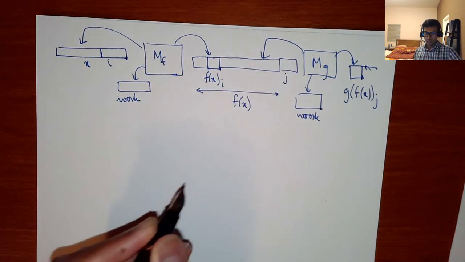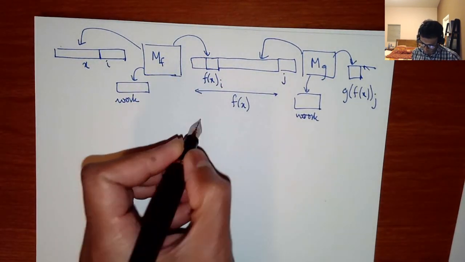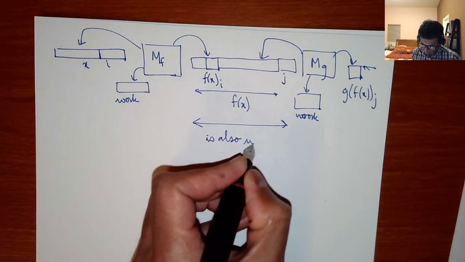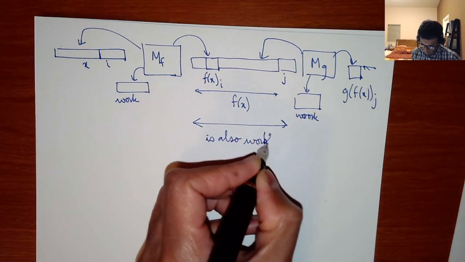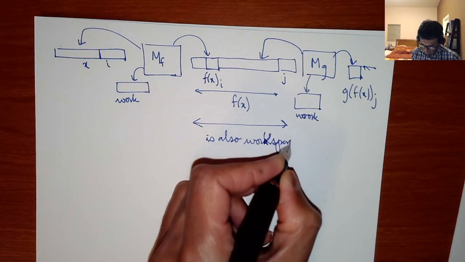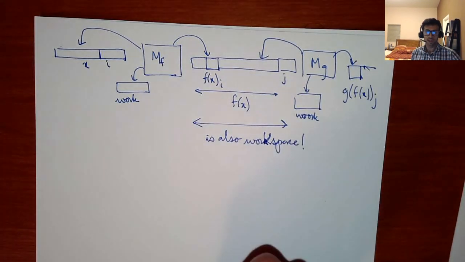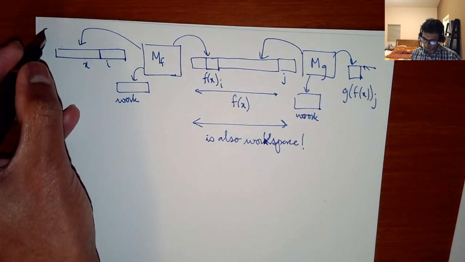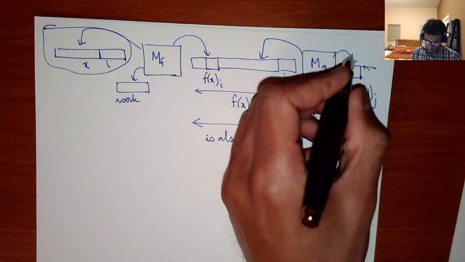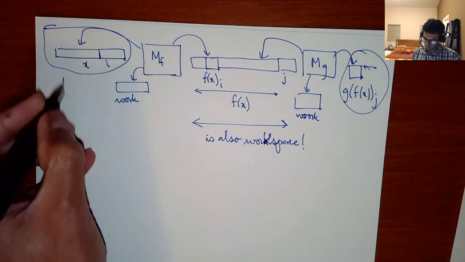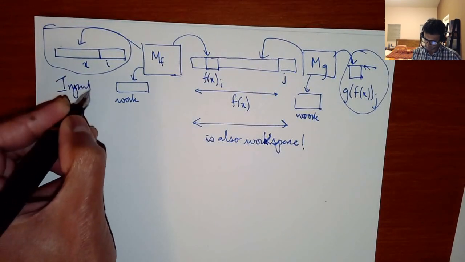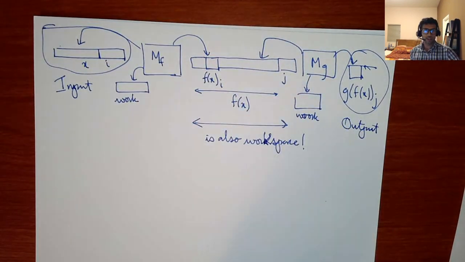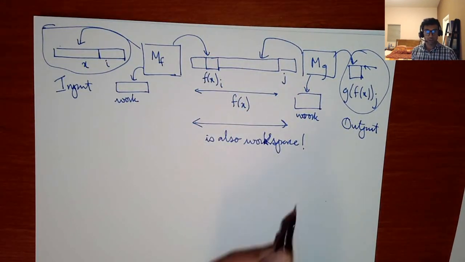But you see that this is also workspace, because the only input in the end is here. That's the input, and that's the output. This is the input. That is the output. The intermediate space is blowing up when you try to chain these together.